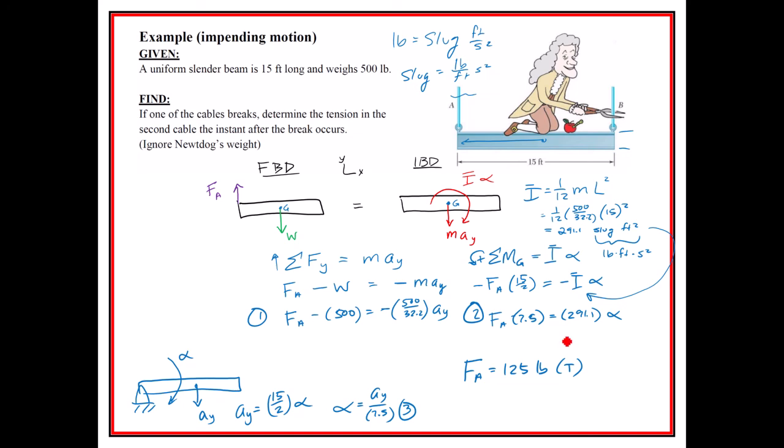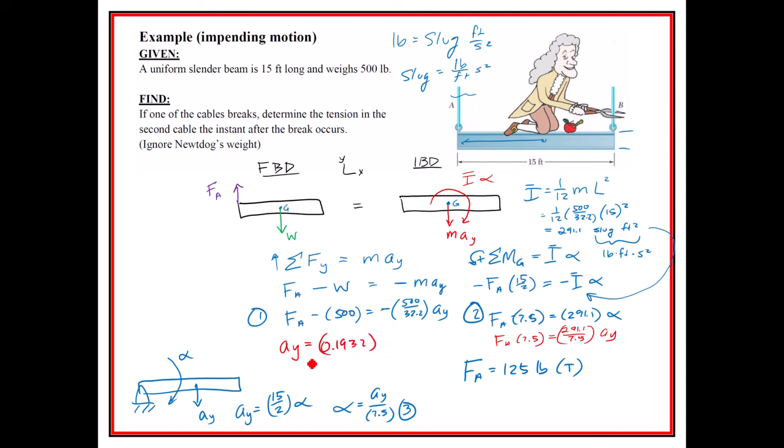FA times 7.5 is equal to 291.1 divided by 7.5 times AY. So AY is going to be equal to 7.5 squared, because you can move that over squared, and then divided by 291.1.